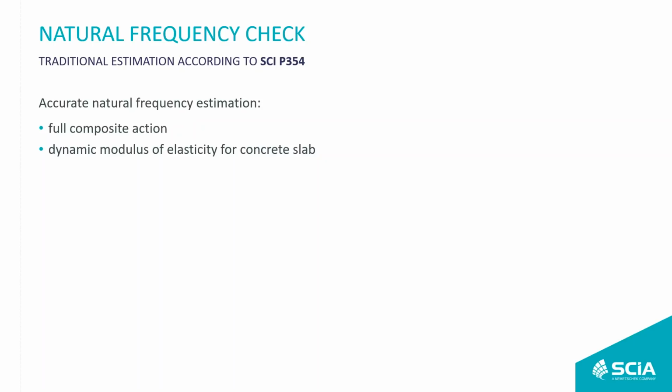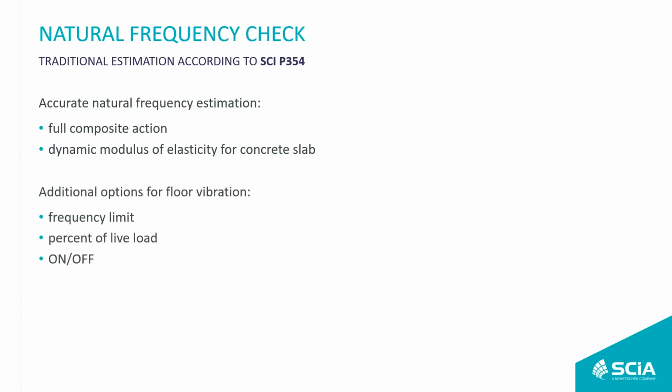Another thing we are using now is also the dynamic modulus of elasticity. When you have dynamic loading, the concrete is also behaving more stiffly. So by using these two corrections on the stiffness of the model, we are able to get different values of the natural frequency.